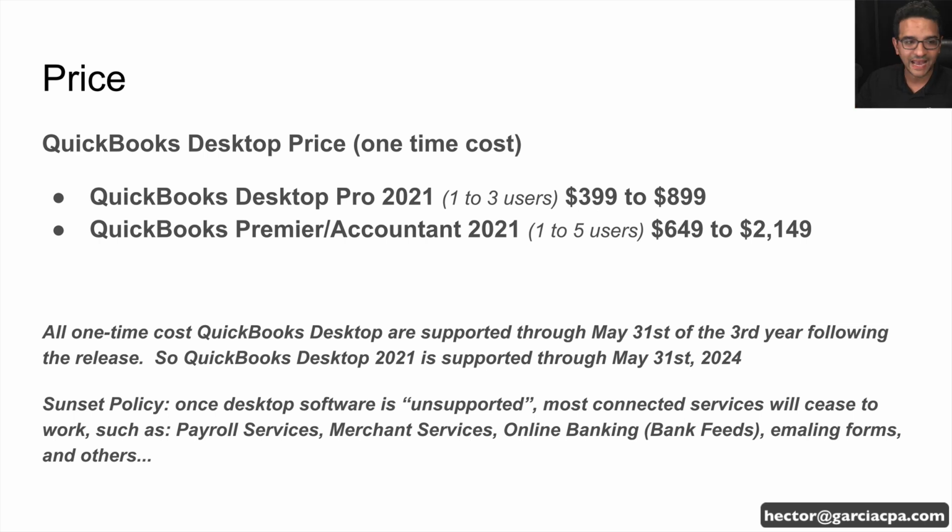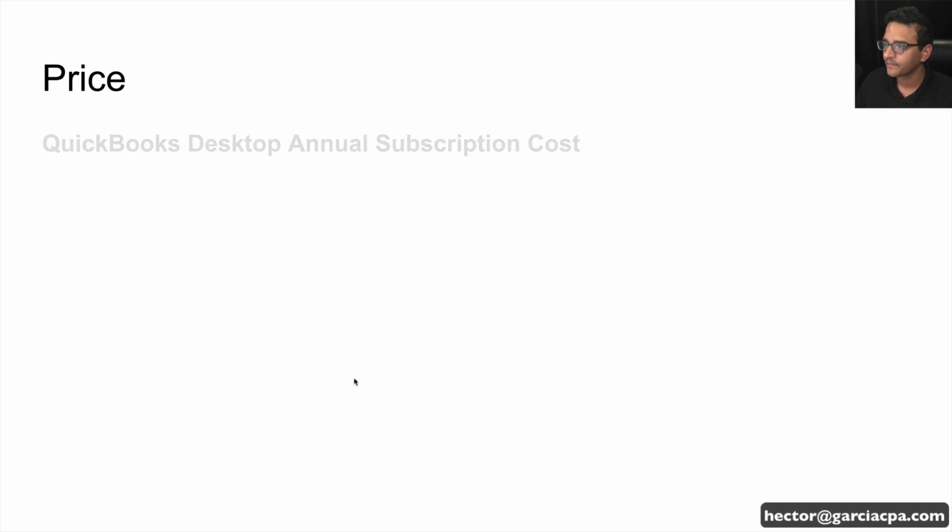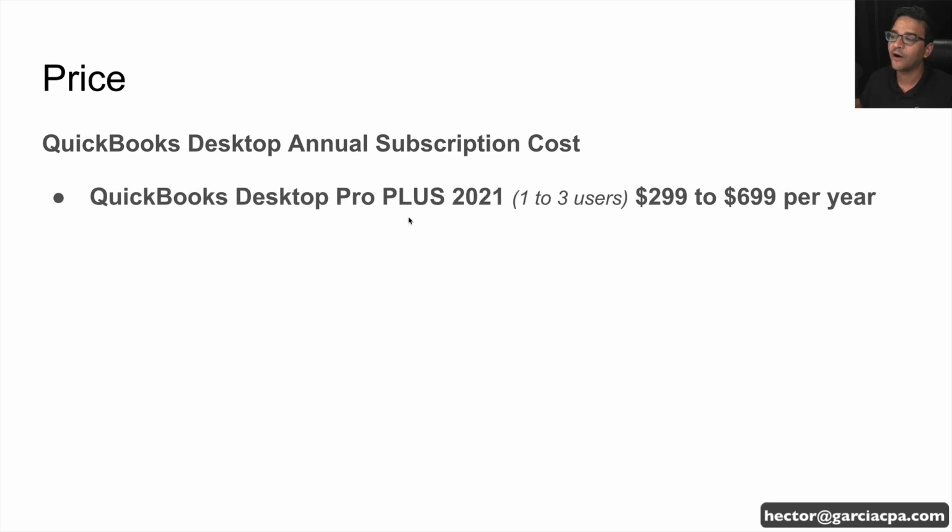As long as you're not using any connected service, it will still work. You can still use it with no problem. I have a couple clients that have like 2011 or 2012 and they use it, they just don't use any connected service.